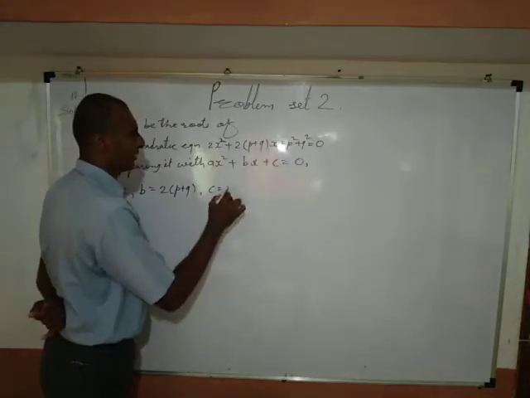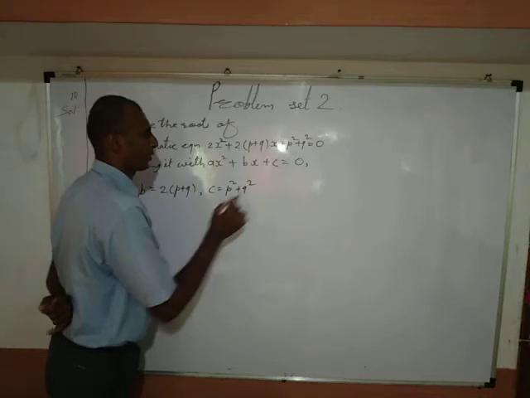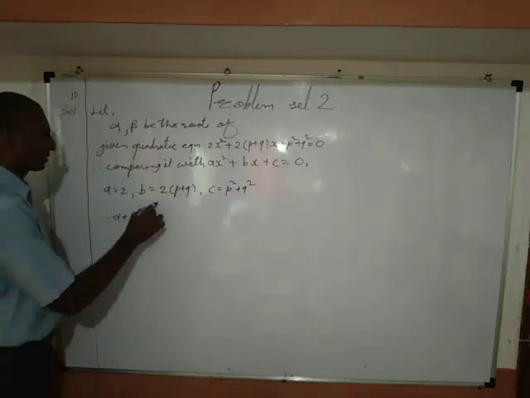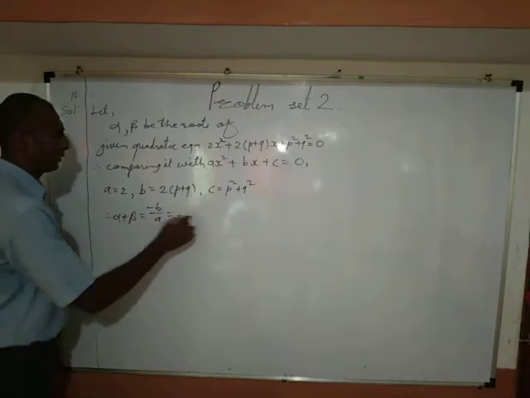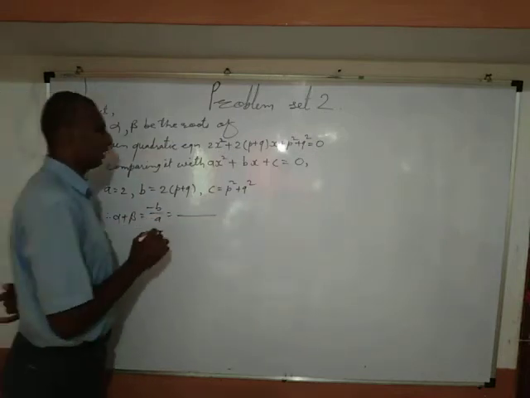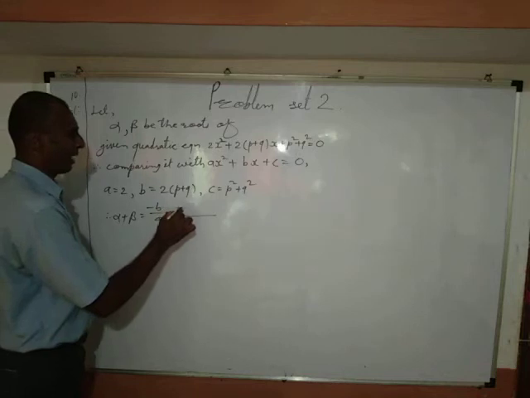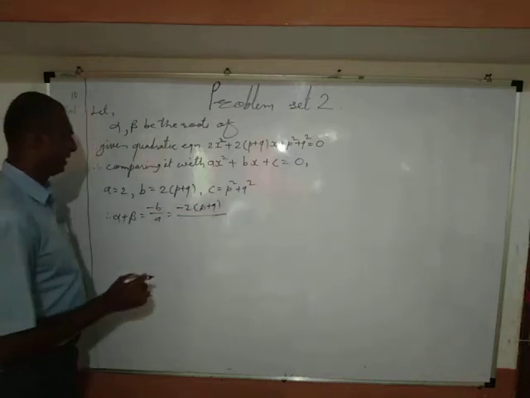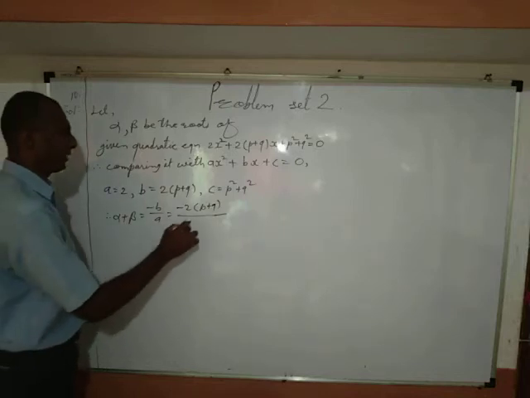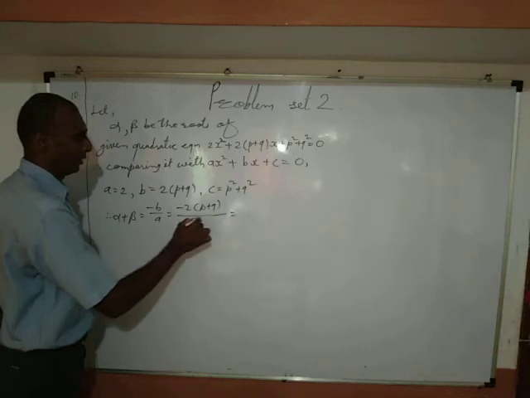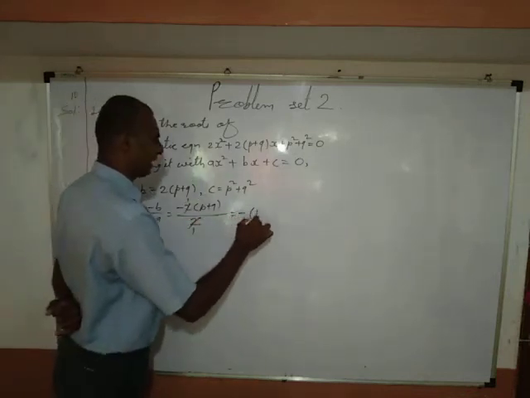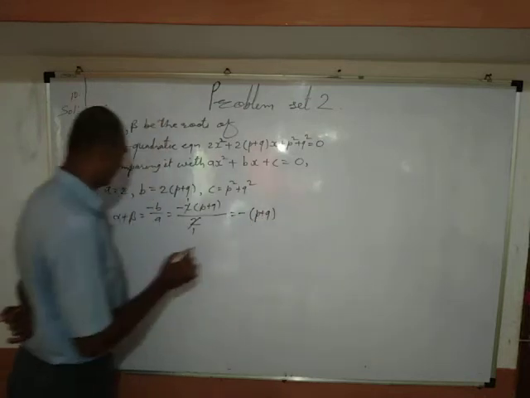Here the constant term is p square plus q square, and therefore alpha plus beta equals minus b by a. Value of b is 2(p plus q), therefore it will be minus 2(p plus q) upon a, and value of a is 2, 2 will get cancelled, it gives us minus (p plus q).